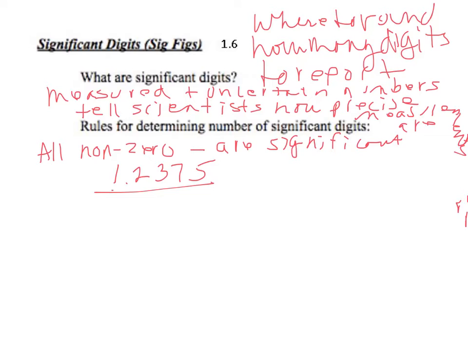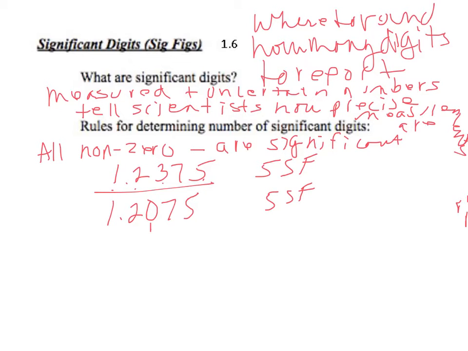So this number has 1, 2, 3, 4, 5 sig figs. Okay? Now, also, if I have 1.2075, any zero that is sandwiched between non-zero numbers is significant. So this also has 5 sig figs.